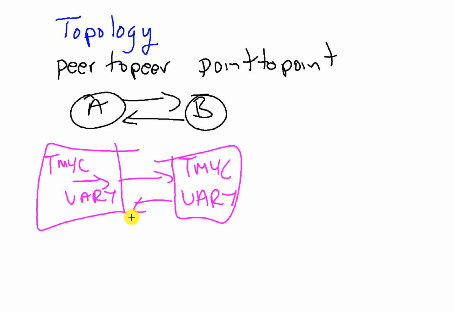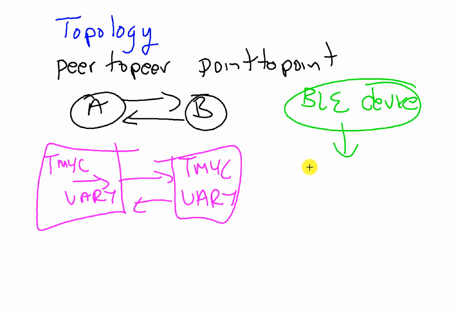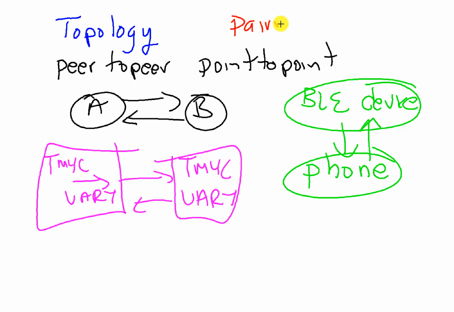If you had a Bluetooth low-energy device, you could connect up to your phone or another device, your computer. With Bluetooth low energy, it's basically a paired communication.